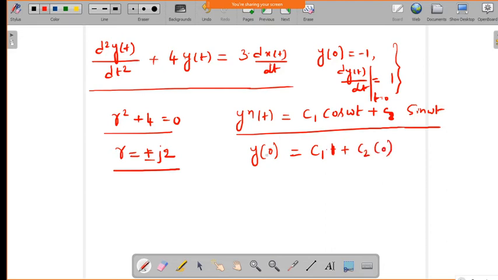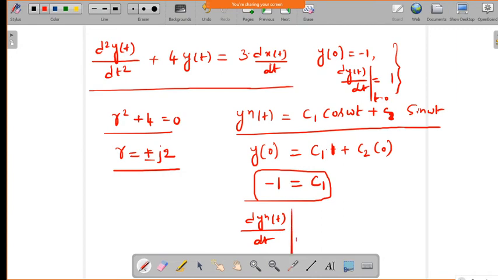Now y of 0 is nothing but minus 1, which is equal to C1. So you have obtained the value of C1. Similarly, differentiate with respect to t, so you will get dy of t by dt at t equal to 0.